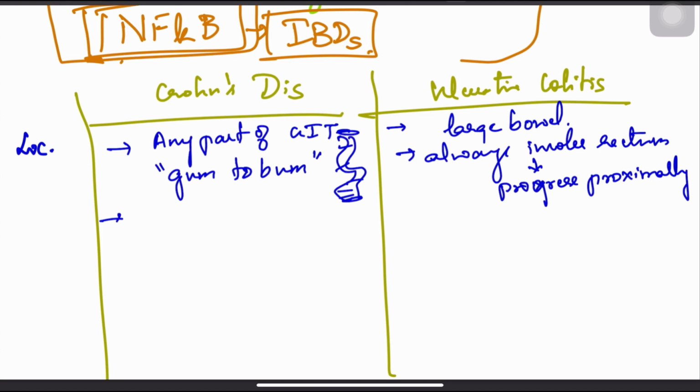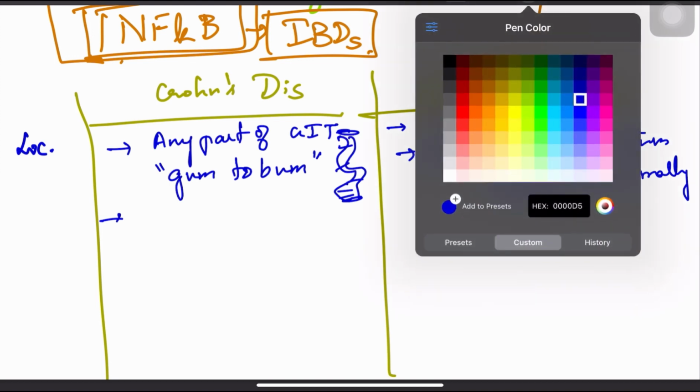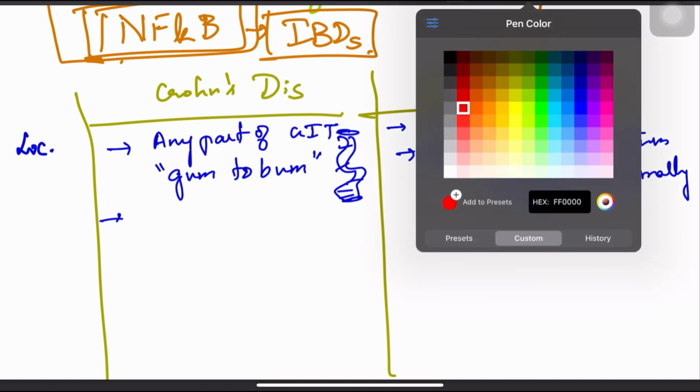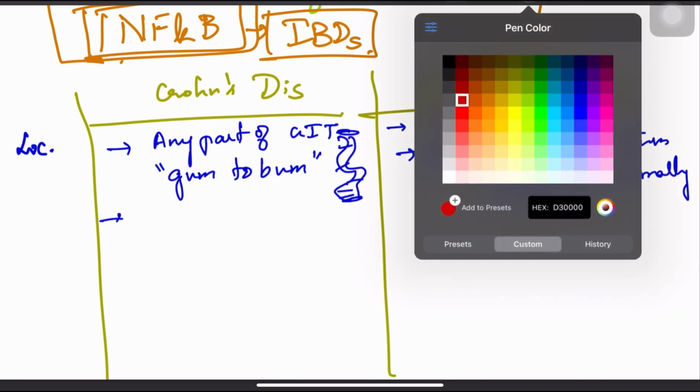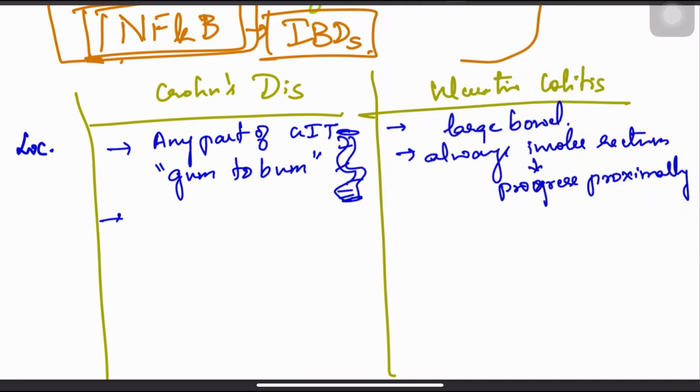Remember this, ulcerative colitis always involves the rectum and can progress proximally too. Now, what about rectal bleeding? When the small bowel or large bowel gets involved, we are concerned with rectal bleeding, which is nothing but the patient finding blood in his stools.